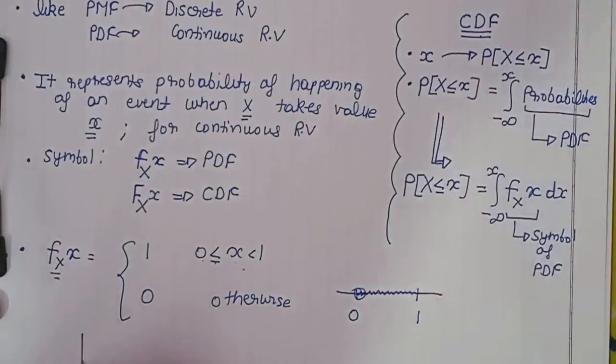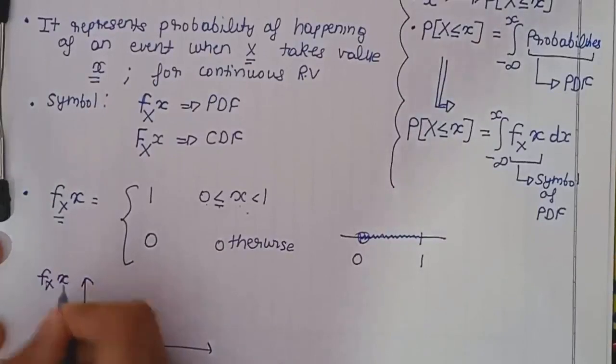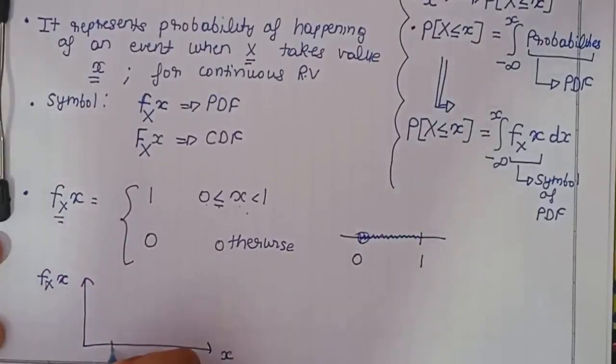So if I draw the graph for this PDF, it would be like this. Here we have 1, and here we have 0.